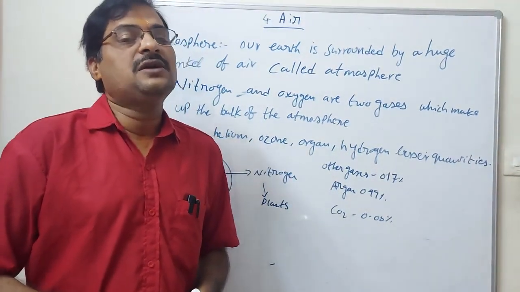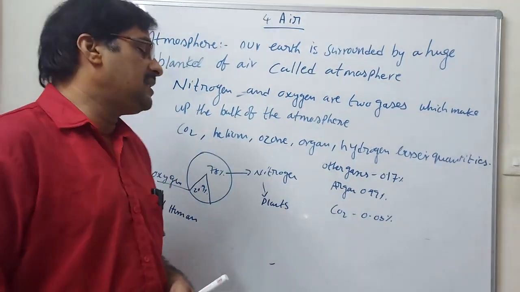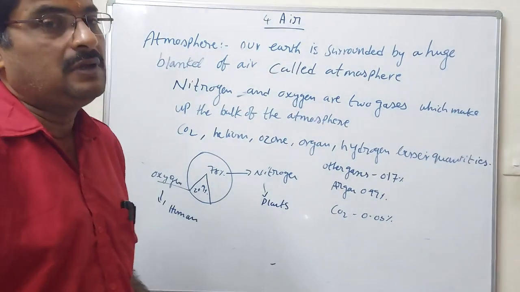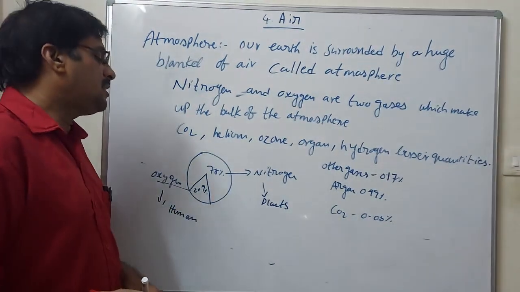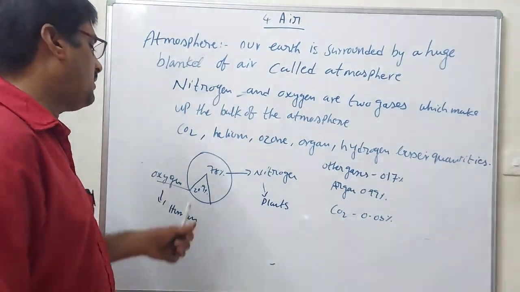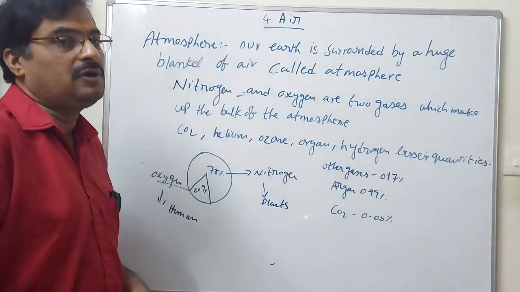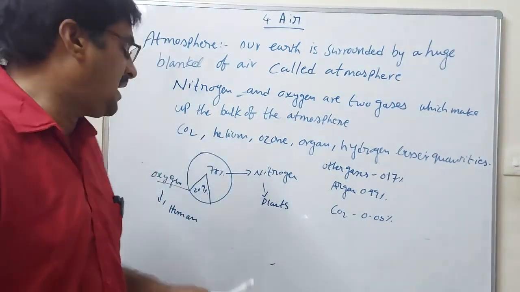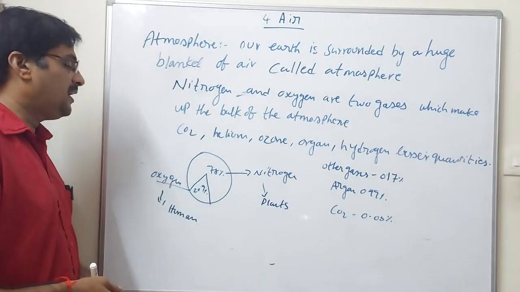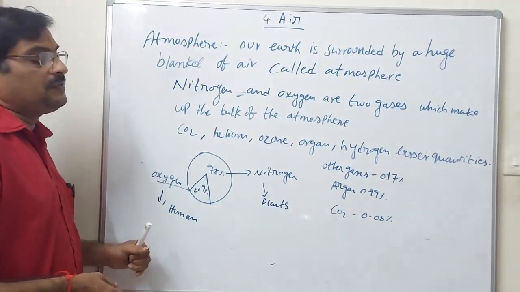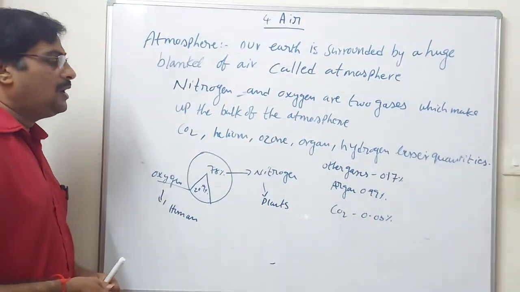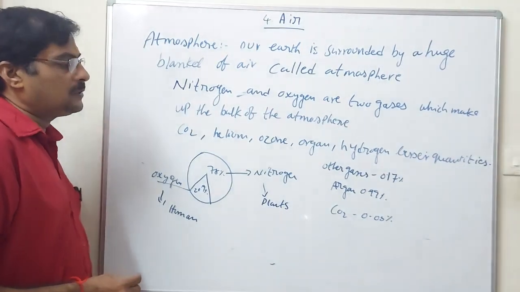How much percentage of nitrogen is there in the atmosphere? 78% of it is there, whereas oxygen is 20.9, approximately 21%. Oxygen is useful for humans, and nitrogen is useful for plants and also for animals.